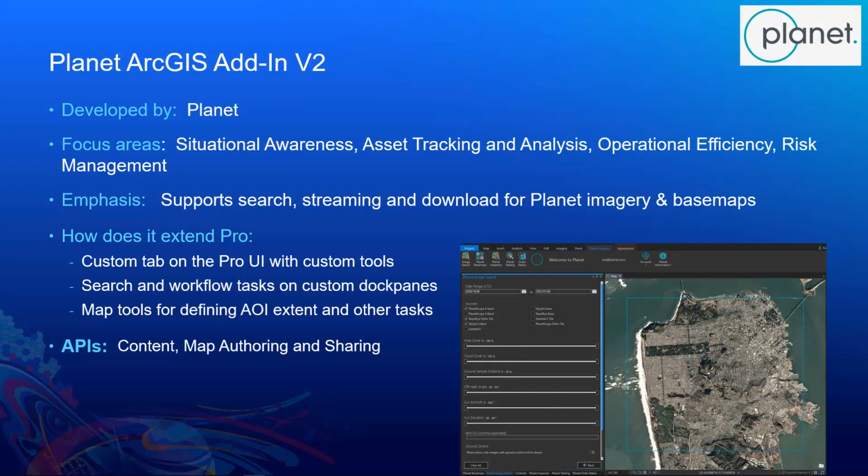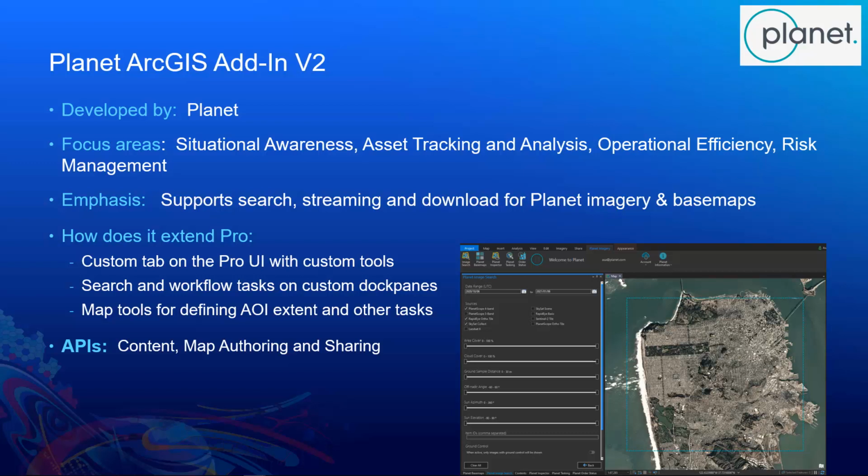Next is the Planet ArcGIS add-in version 2. Planet has focused in on situational awareness here, asset tracking analysis, and other focus areas. Their main emphasis is to support users that need to search and access streaming and downloading of Planet imagery and base maps.